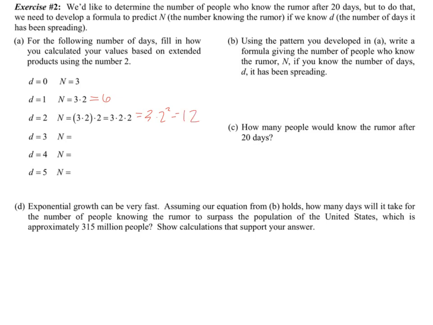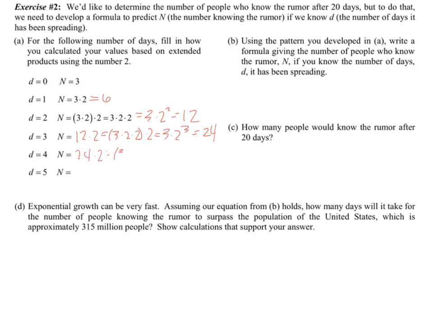Day 3 is, we're going to erase that. We're going to take the answer from before, which is 12, times 2. That's the same thing as 3 times 2 times 2 times 2 again, which is 3 times 2 to the third, which is 24. Day 4 is 24 times 2, right?